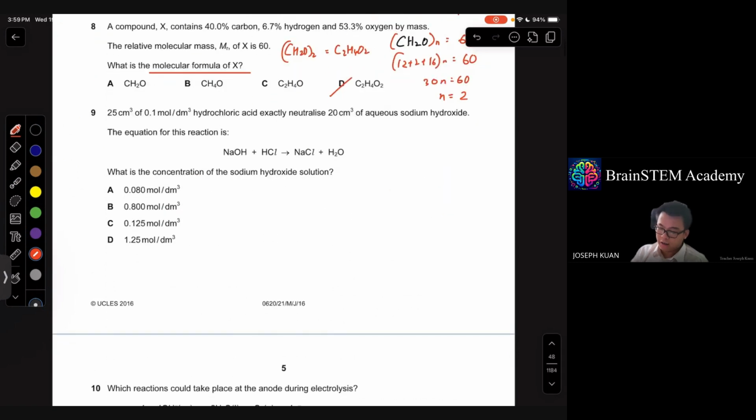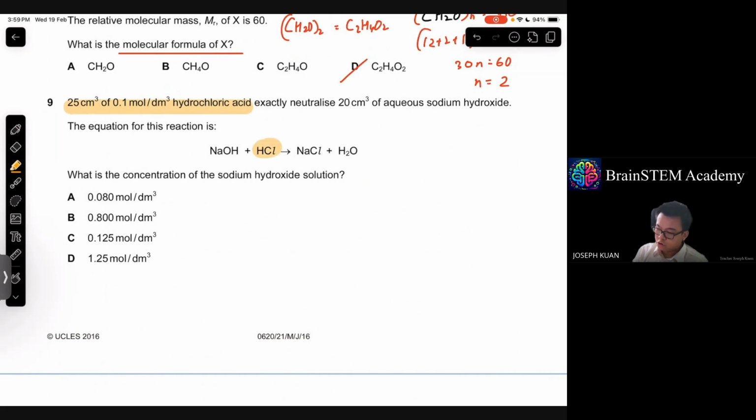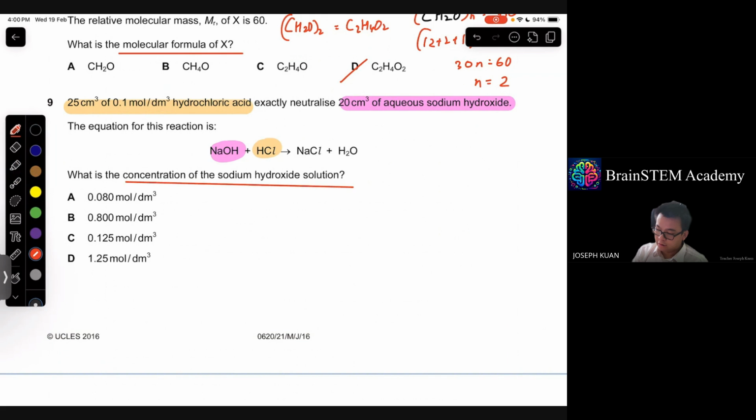Moving on, question 9. 25 cm cube of 0.1 mole per cubic decimeter hydrochloric acid neutralizes exactly 20 cubic centimeters of aqueous sodium hydroxide. The equation for this reaction is as follows. What is the concentration of sodium hydroxide solution? Now, we see that both of them react in a 1:1 ratio in terms of moles.